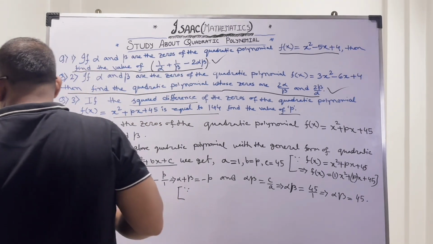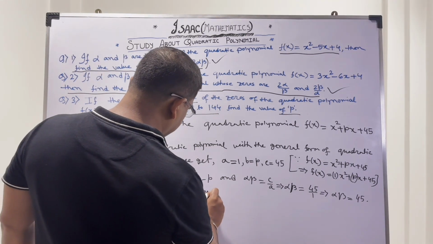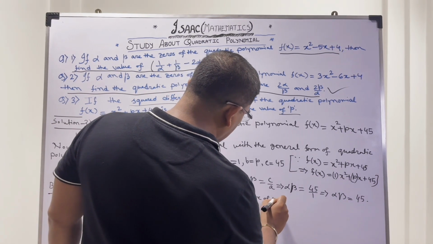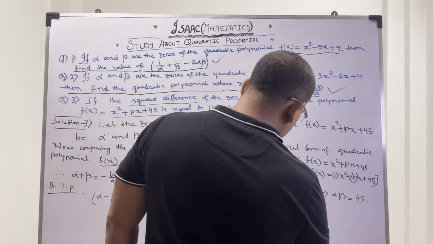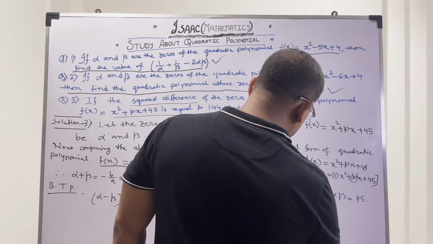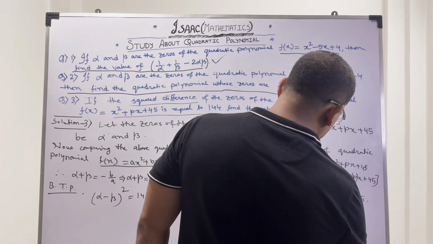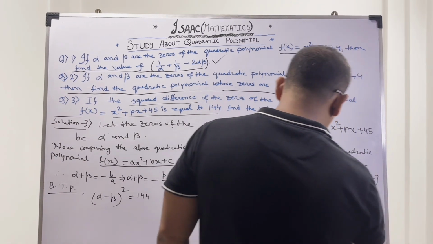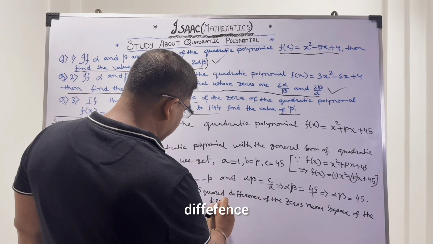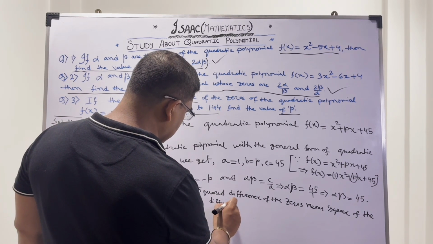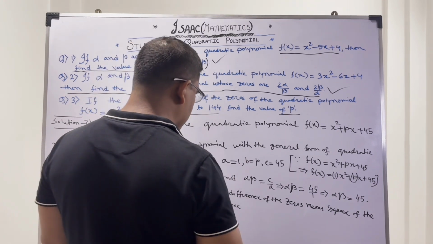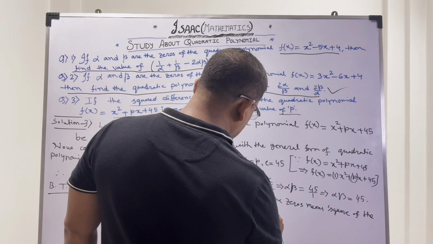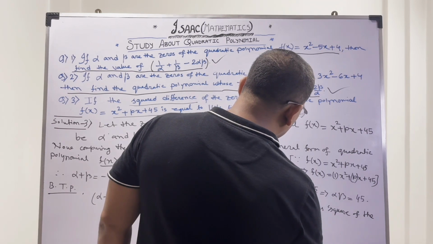Since square difference of the zeros means square of the difference between the zeros.